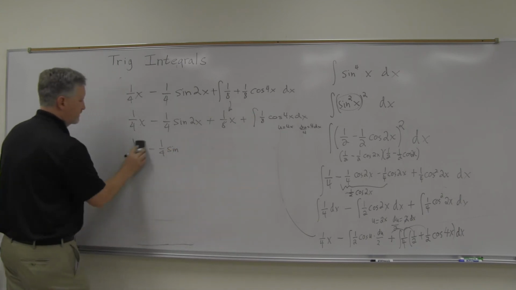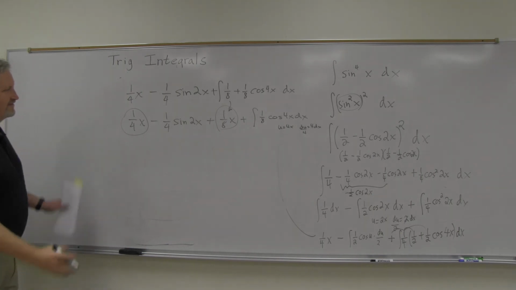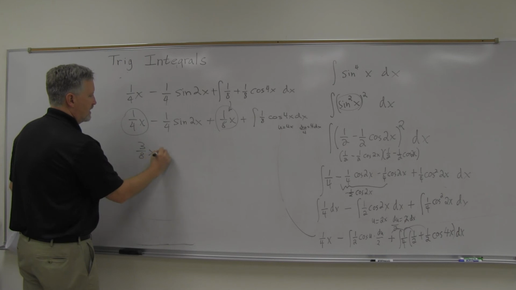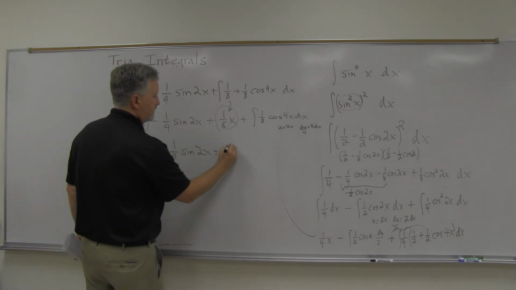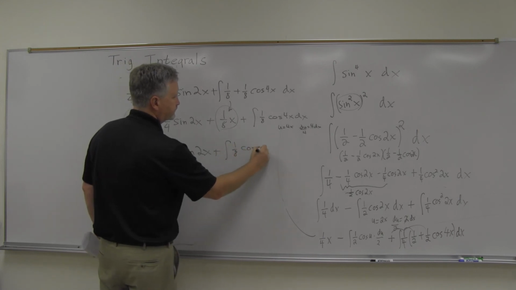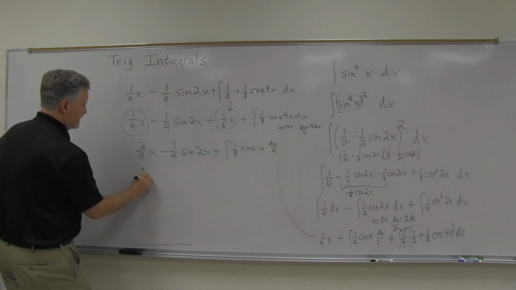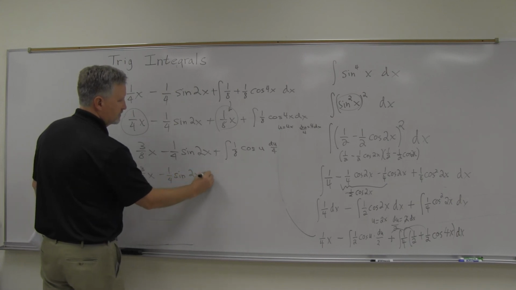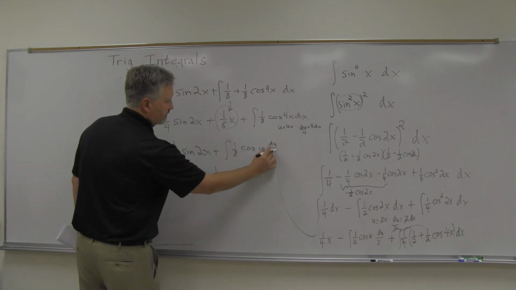So I'll have 1/4 x minus 1/4 sine of 2x. Oh, let's go ahead and combine. Notice I've got a 1/4 x and a 1/8 x. Those can be combined. That'd be 2/8 plus 1/8, so 3/8 x minus 1/4 sine of 2x plus, now with that u substitution, we have 1/8 cosine of u and then du over 4. So I have 3/8 x minus 1/4 sine of 2x plus 1/32, 1/8 times 1/4, it's 32 there.